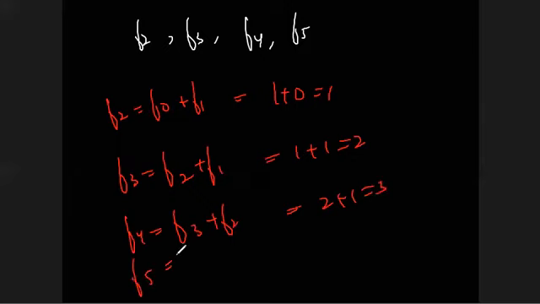And then finally f5 will be equal to f4 plus f3, 3 plus 2, equal to 5. So these are a few examples of recursively defined functions. Let's see the same.